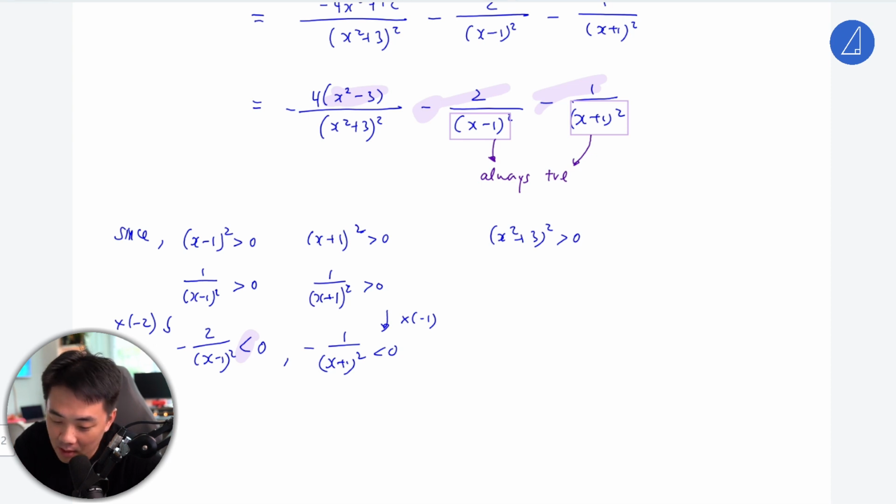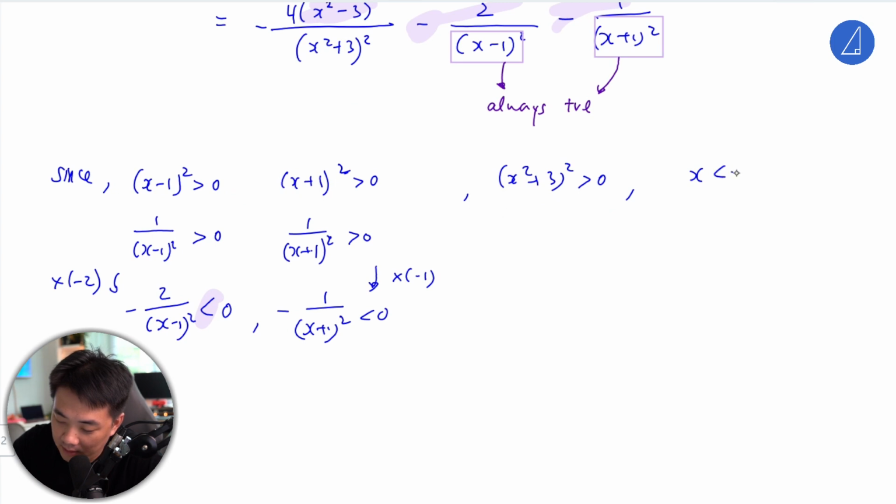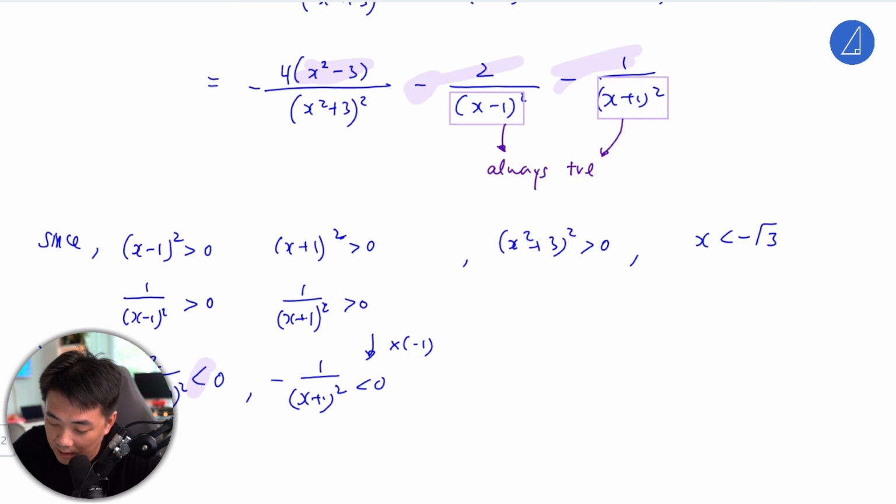This one will come from x being less than negative root 3. In other words, if I were to square both sides, you have to be slightly careful. Maybe this is x squared minus 3, right? So I'm going to square both sides, x squared.